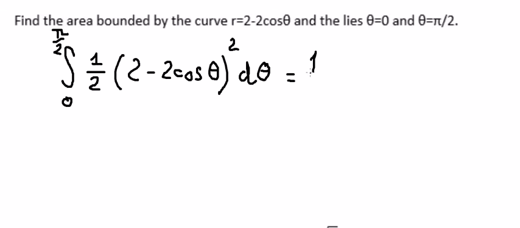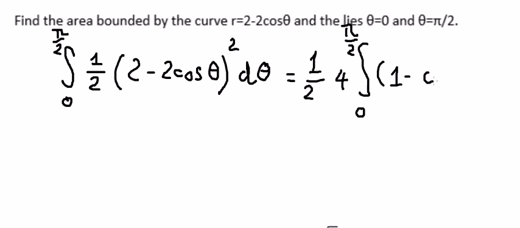So we put number 2 outside, you got about number 4. This one you got about (1 minus cosine theta) to the power of 2 d theta. This one you got about number 2.